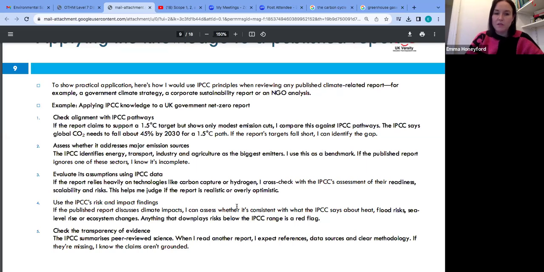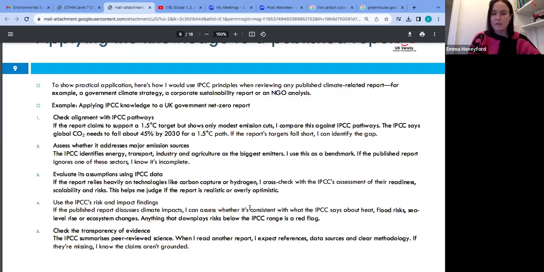Number 4, we use the IPCC's risk and impact findings. If the published report discusses climate impacts, we can assess whether it's consistent with what the IPCC says about heat, flood risks, sea level rise or ecosystem changes. Anything that downplays risks below the IPCC range is a red flag, so that's important to be aware of.